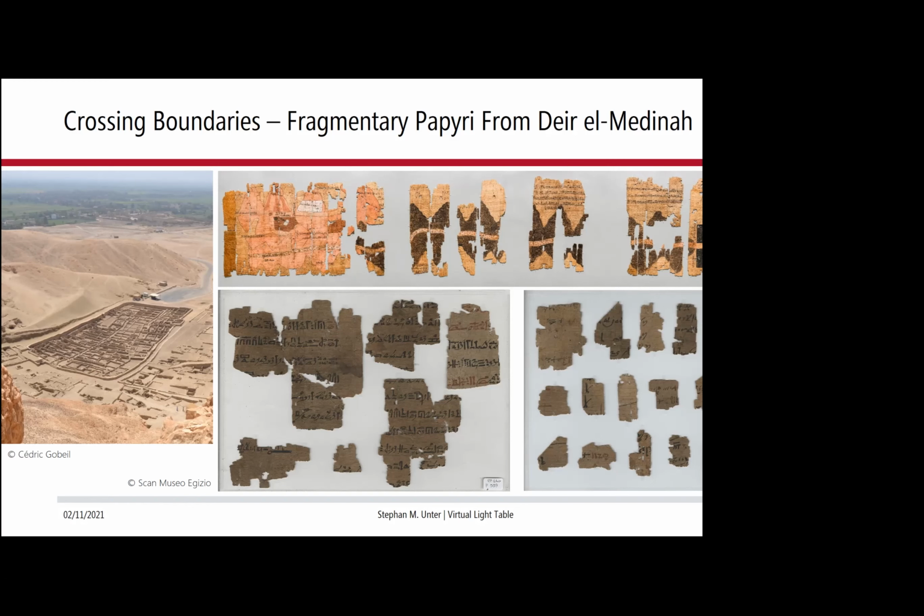Of these larger documents, like the gold mine or the strike papyrus, we have roughly 200, maybe 250 documents in the Museo Egizio. In addition to that, we also have about 9,000 fragments of the size you can see at the bottom of the slide, sometimes with a couple of lines of text, sometimes just the size of a fingernail.